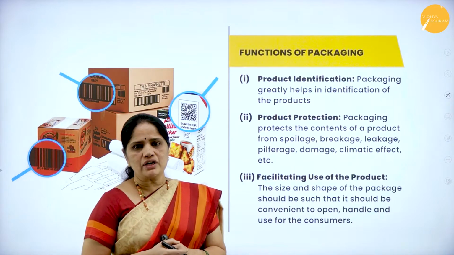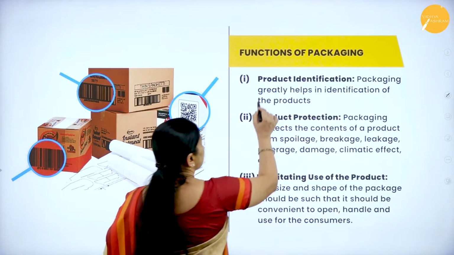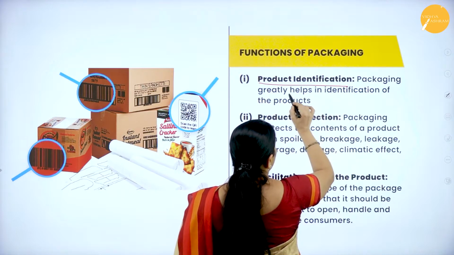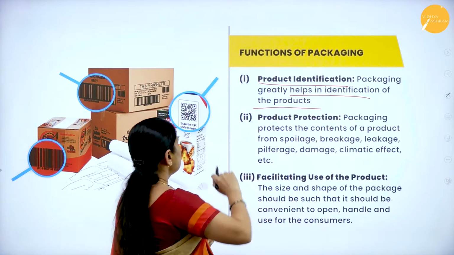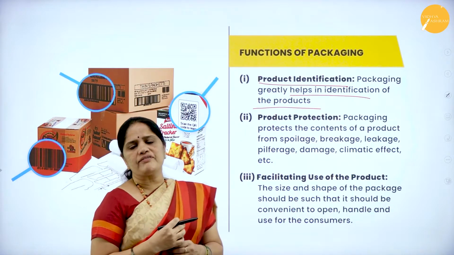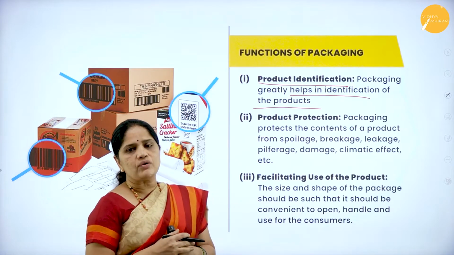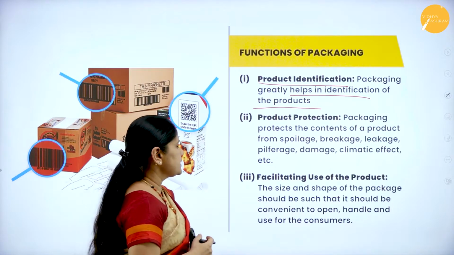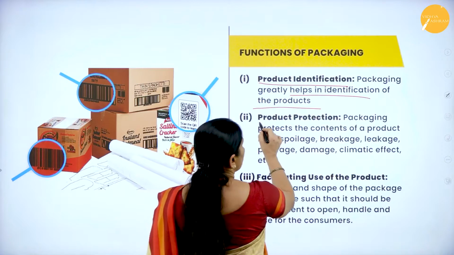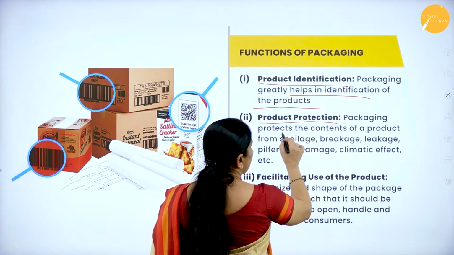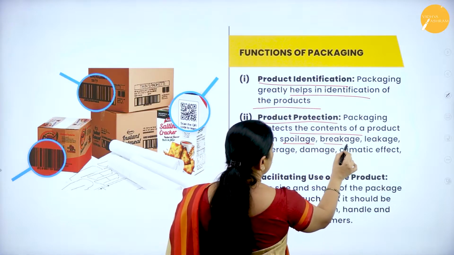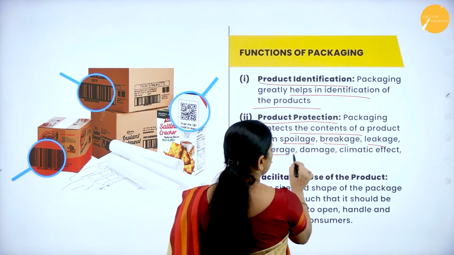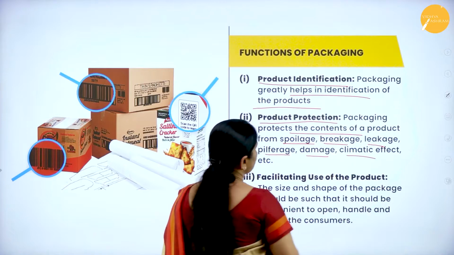The next function of packaging is product identification. Packaging helps in identification of the product. So, with the help of the package only, we will be able to identify what kind of a product it is. Then, next one is product protection. Packaging protects the contents of a product from spoilage, breakage, leakage, pilferage, damage and climatic effect.